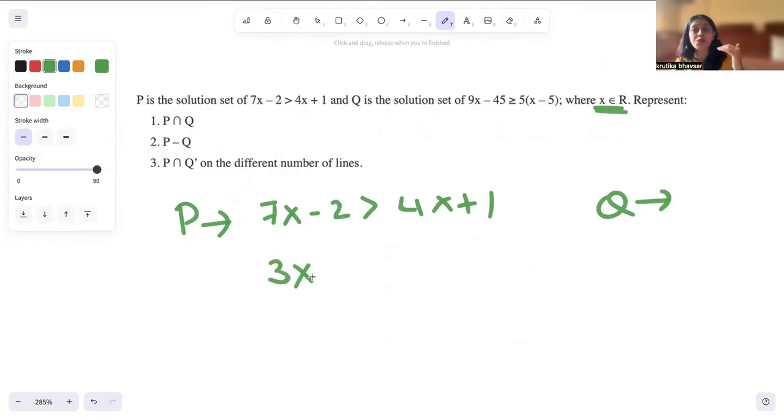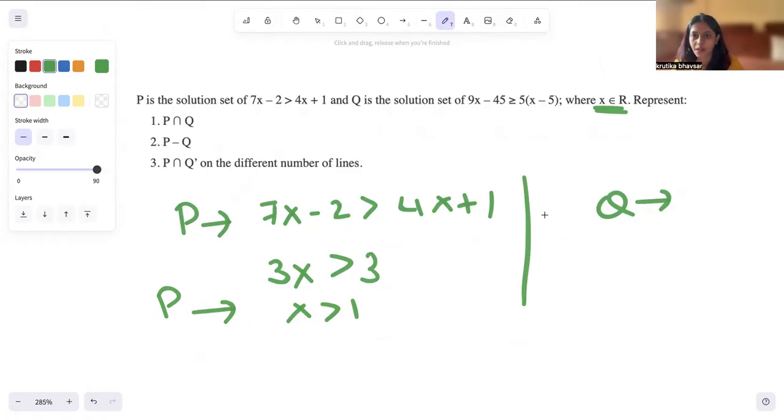I'm eliminating steps for your better understanding because we need to start doing some things mentally for faster calculation. But remember, accuracy is equally important. Greater than sign remains as it is. -2 goes that side, so it becomes +2. 1 plus 2 is actually 3 and you have x greater than 1. So this is your P solution. So x is greater than 1.